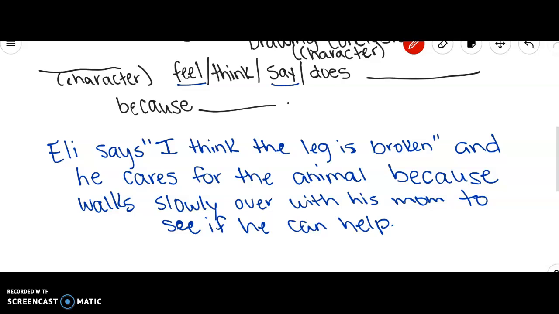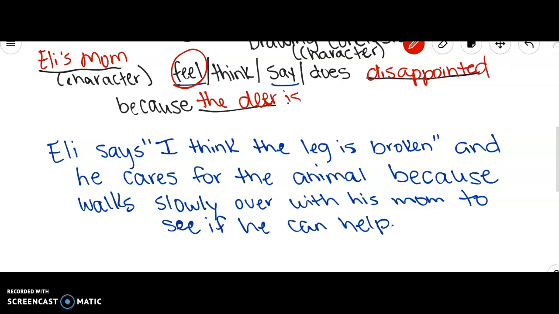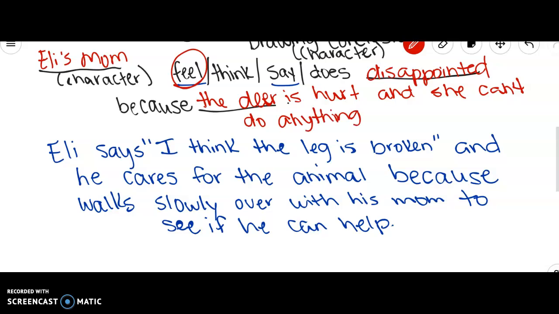So Eli's mom feels disappointed because the deer is hurt and she can't do anything about it. So we used feelings and we used dialogue to make conclusions about our character.